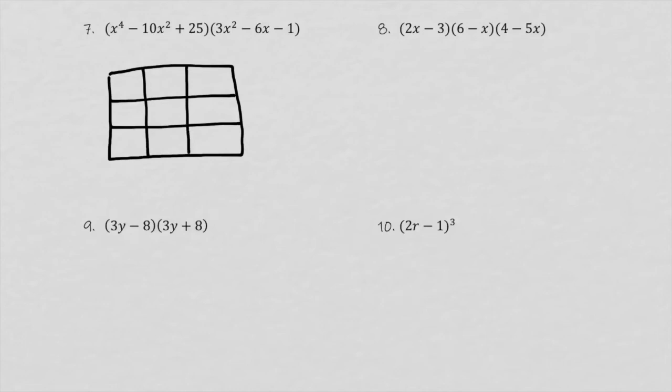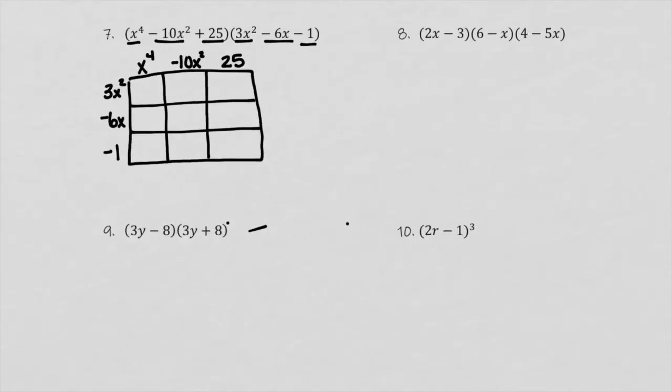And it doesn't matter if you write that first trinomial across the top or down the side. I'm just going to put it across the top. X to the 4th gets its own column, negative 10x squared gets its own column, and 25 gets its own column. The other trinomial is going down the side. So 3x squared gets its own row, negative 6x gets its own row, and negative 1 gets its own row.